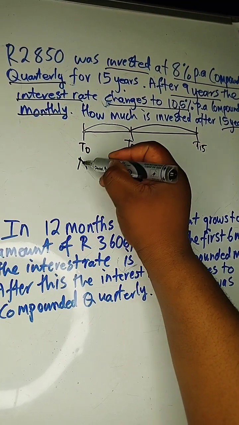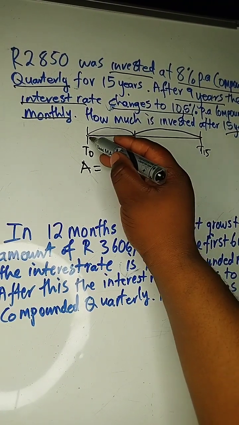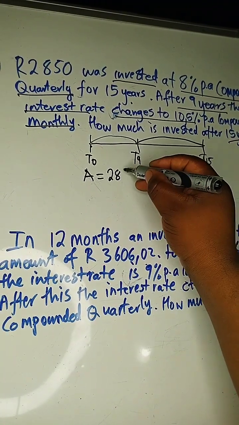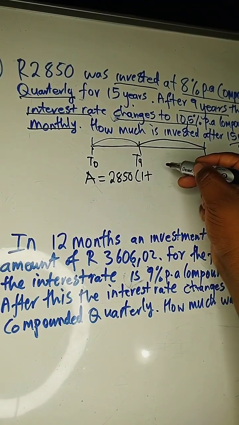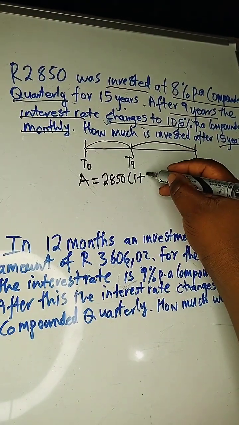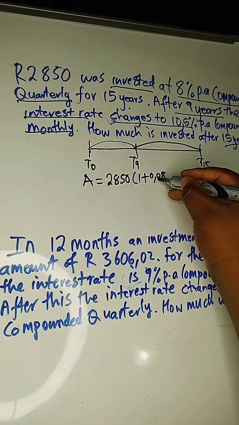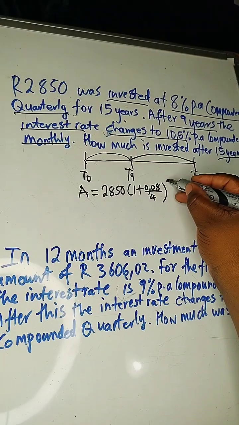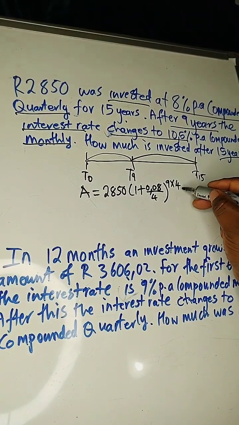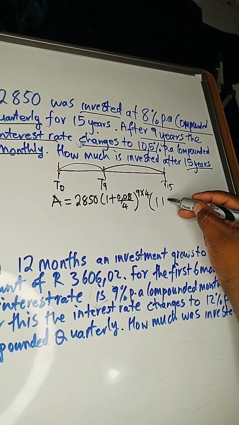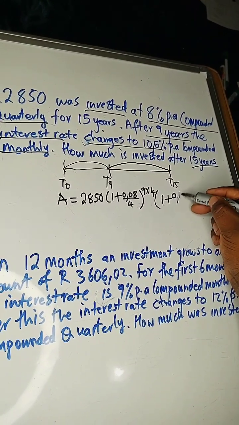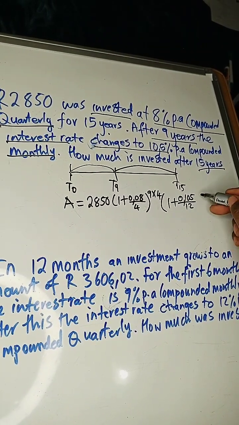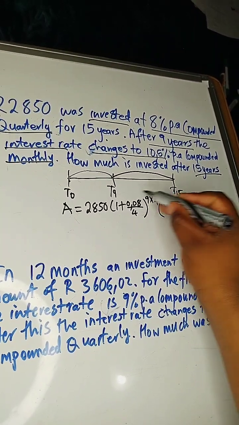We will have A is equal to what was invested here, 2,850 into 1 plus 0.08 all over 4, all raised to 9 times 4, into 1 plus 0.105 all over 12, all raised to 15 minus 9.